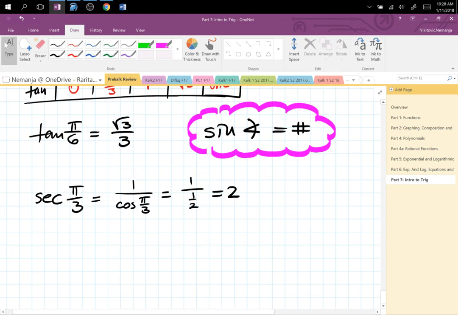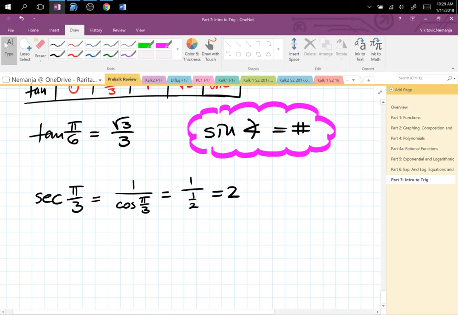Now the regular 6 functions are paired in 2 groups. A group of basic sine, cosine, tangent, and then the flips of sine, cosine, and tangent, which are cosecant, secant, and cotangent.